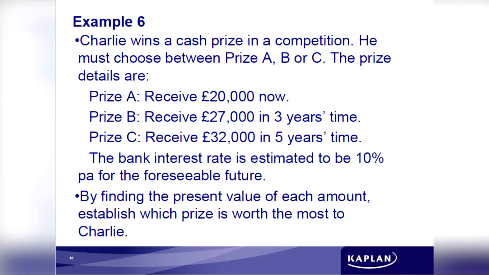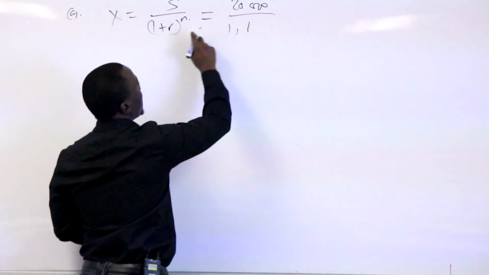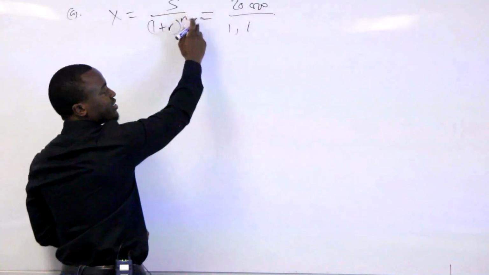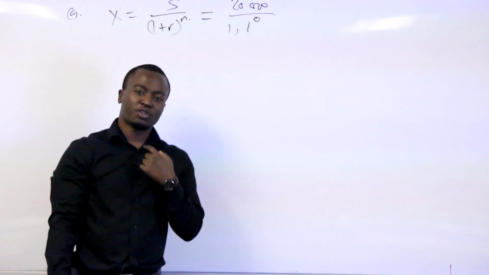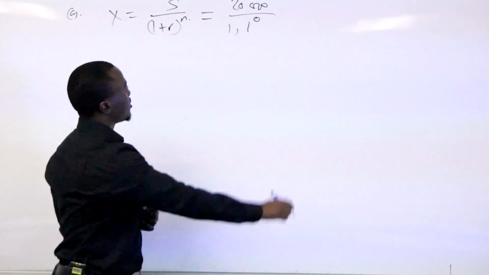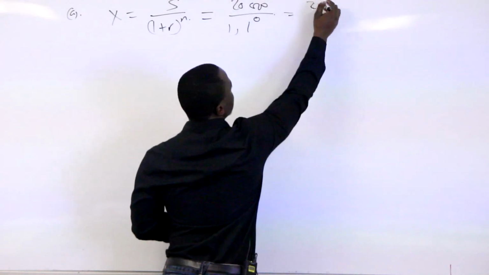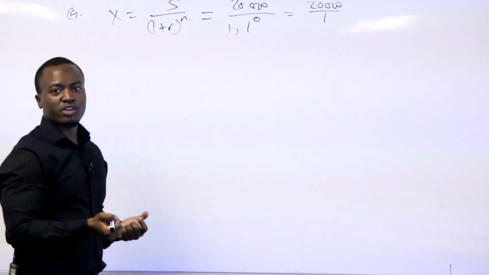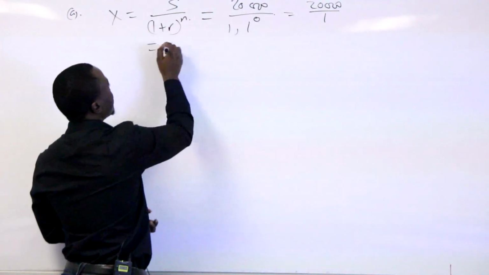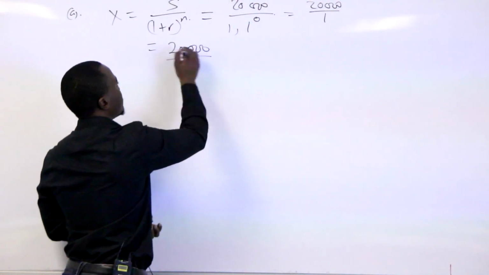In that case, s is 20,000 divided by 1.1, but n is 0 since we're at year 0, so it's to the power of 0. If you remember your math correctly, any number to the power of 0 equals 1. So this becomes 20,000 divided by 1, which gives you 20,000.